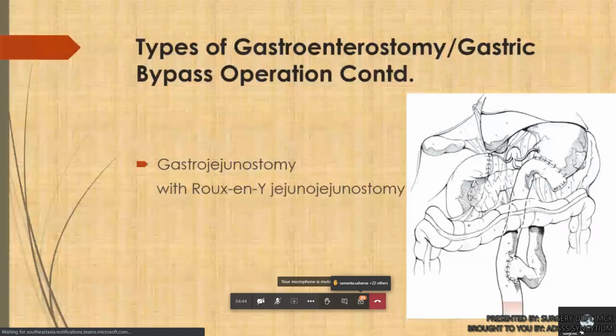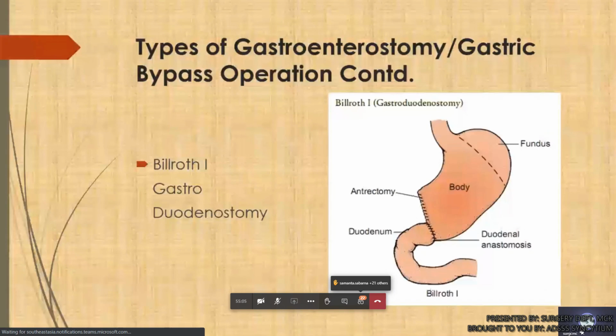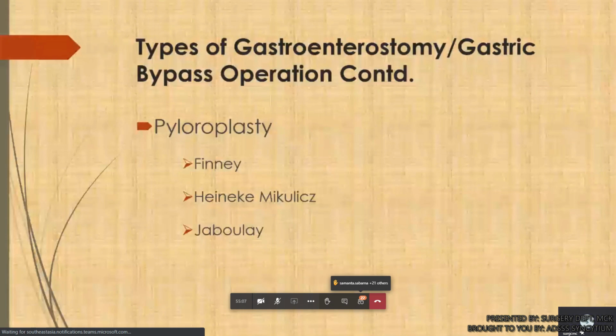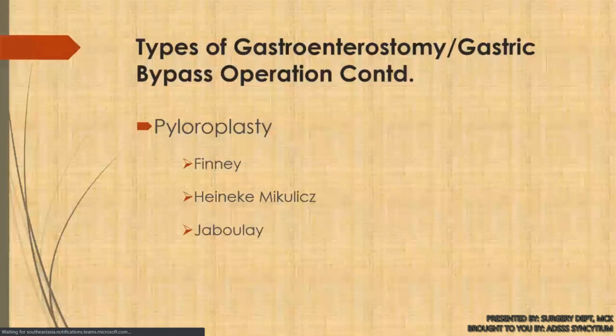This is a picture of gastrojejunostomy with Roux-en-Y jejunojejunostomy. Pyloroplasty is not done in a case of gastric outlet obstruction because the pylorus is defective, so pyloroplasty is not done.